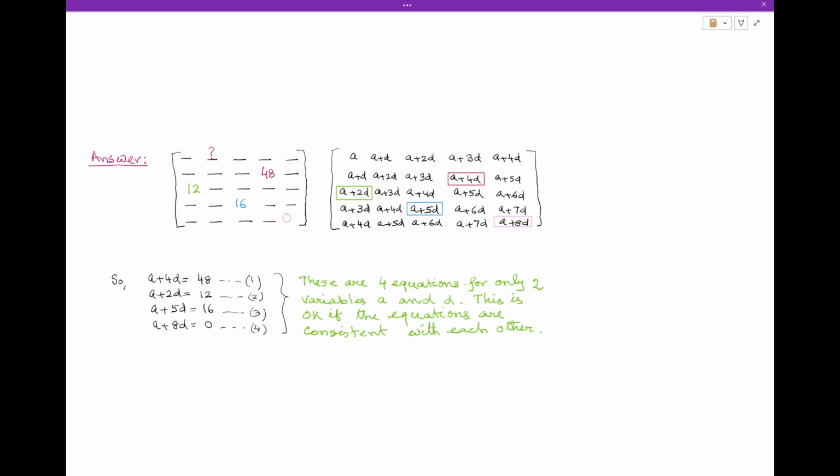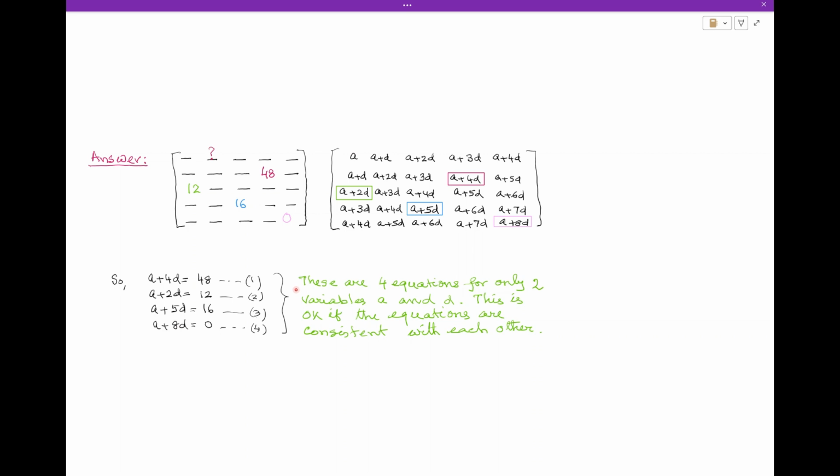Now, corresponding to the arrows on the left hand side and the right hand side, we notice that A plus 4D is given to be 48, A plus 2D is given to be 12, A plus 5D is given to be 16 and A plus 8D is given to be 0.